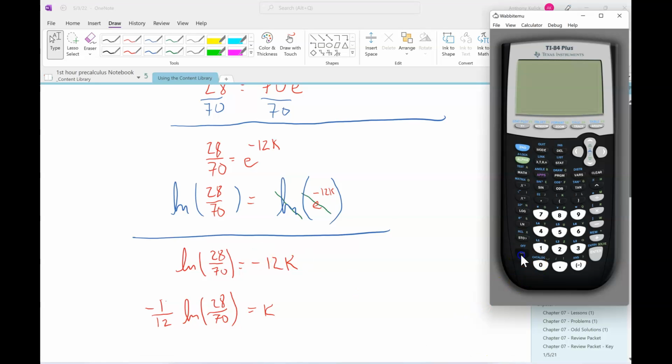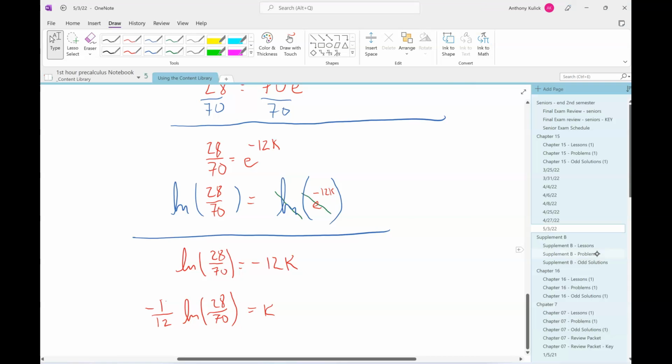And so now it's calculator time. We'll just do negative 1 over 12 times the natural log of 28 divided by 70. So that's my value for k, about 0.0764.